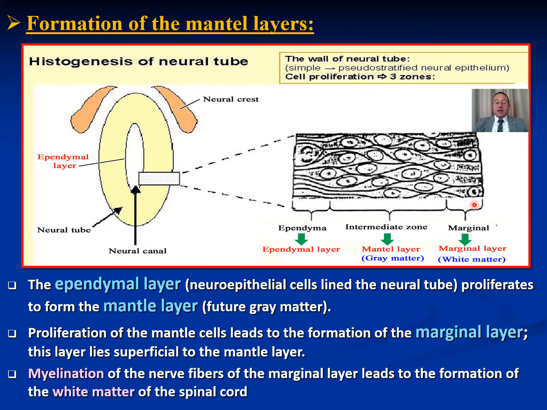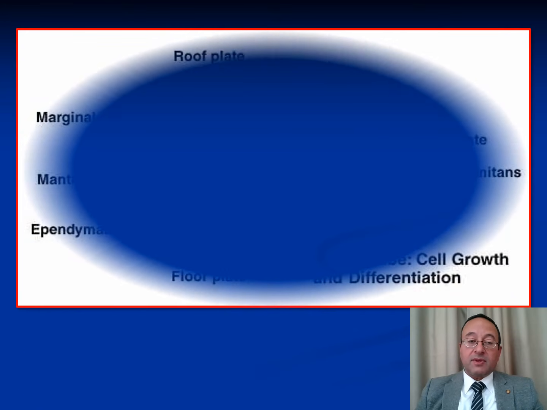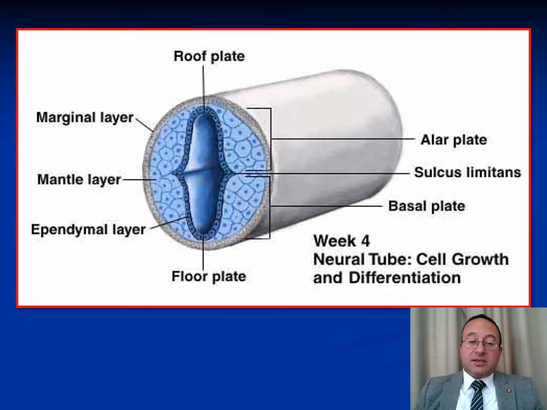Yes, myelination occurs in this marginal layer, forming the white matter of the spinal cord. Now, the net result is that we have 3 layers in the spinal cord.